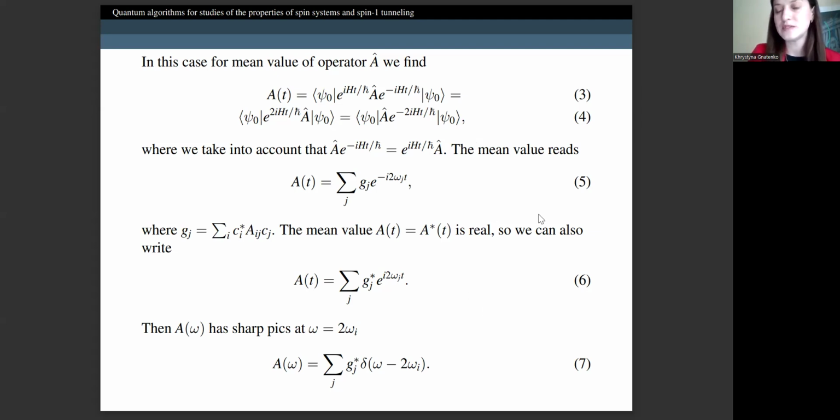On the basis of this result, we see that if we consider the Fourier transform, we obtain that the value A, which depends on omega, has very clear, very sharp peaks, which correspond to the properties of our system, to the energy levels.